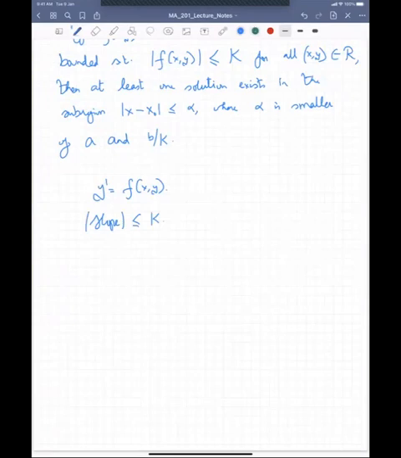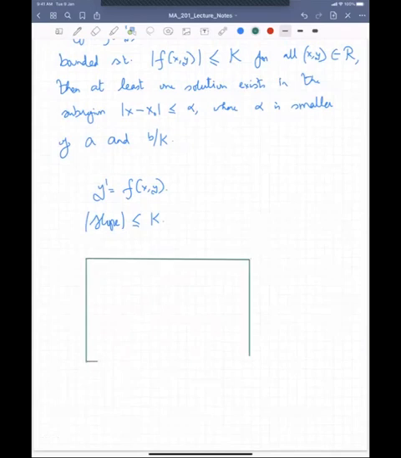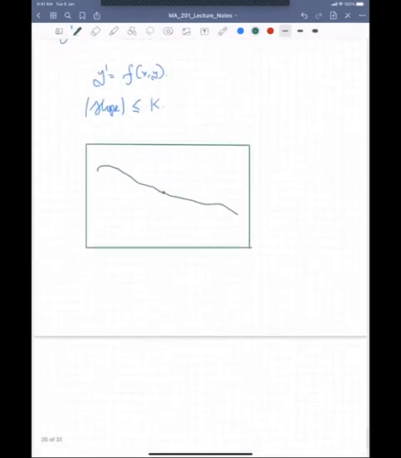So let's draw the rectangle again and explain what these two numbers, a and b over k, really mean. Again, you have to depend on my drawing skills, unfortunately, but your book does a much better job at showing this. So let me say that this is the point x0, y0, and I have some solution curve y of x that is solving this differential equation.